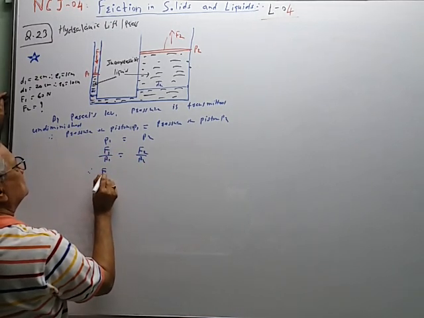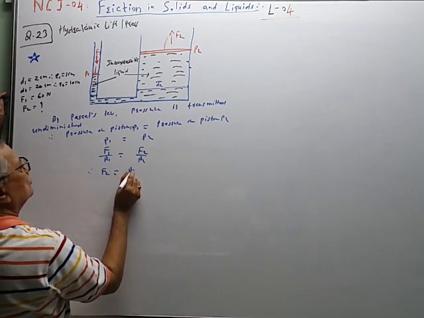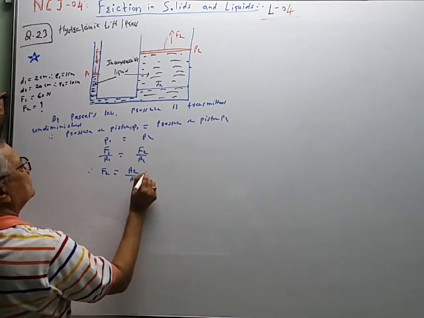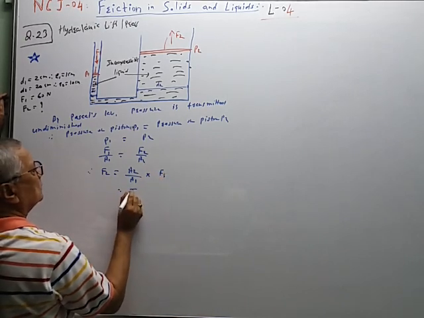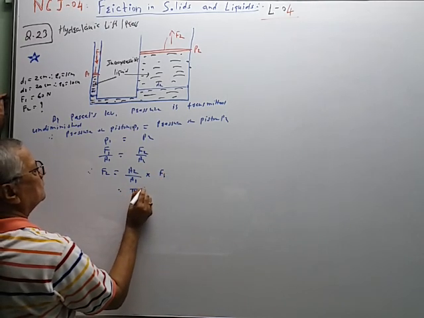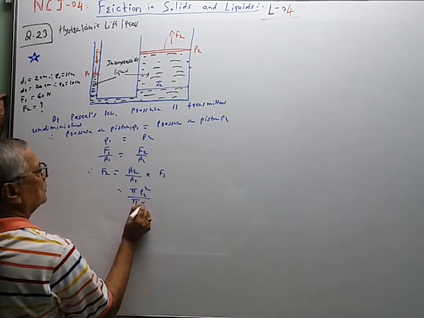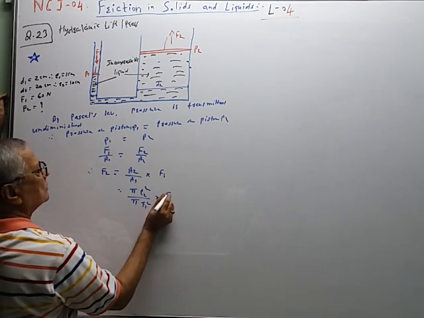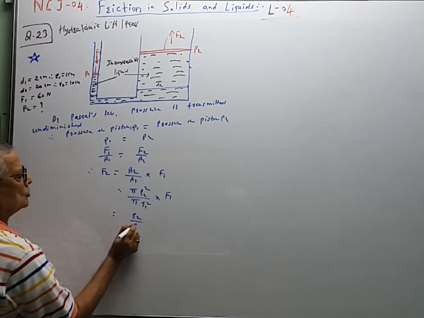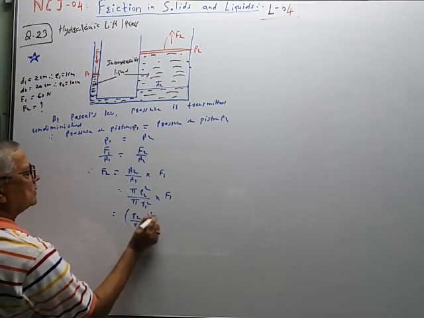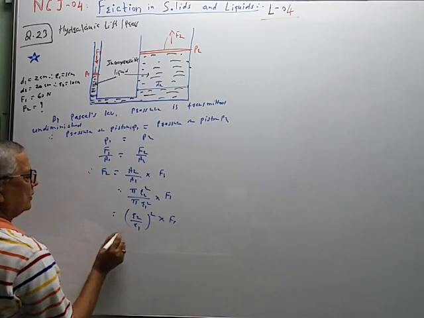Therefore F2 is equal to A2 upon A1 multiplied by F1, pi R2 square upon pi R1 square multiplied by F1. So R2 upon R1 whole bracket square multiplied by F1.